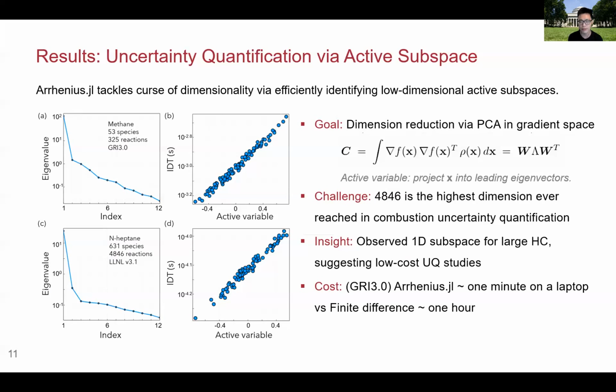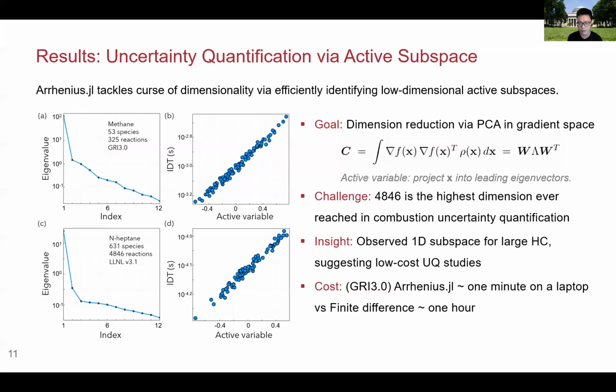And here again, we apply differential programming to the GMAC and also the detailed mechanism. Especially the detailed mechanism has around 5,000 reactions, which is probably the highest dimension ever achieved for combustion uncertainty quantification.